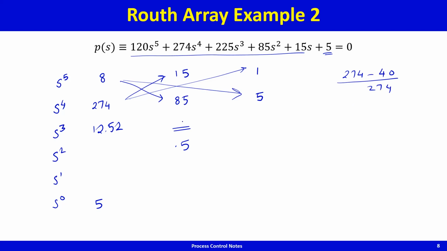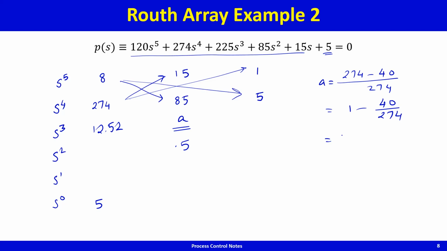So it's going to be 274 minus 40, 8 5s is 40, divided by 274. Let me call this A. So A is equal to 1 minus 40 by 274, whatever that is. I have done the calculation, 0.854.